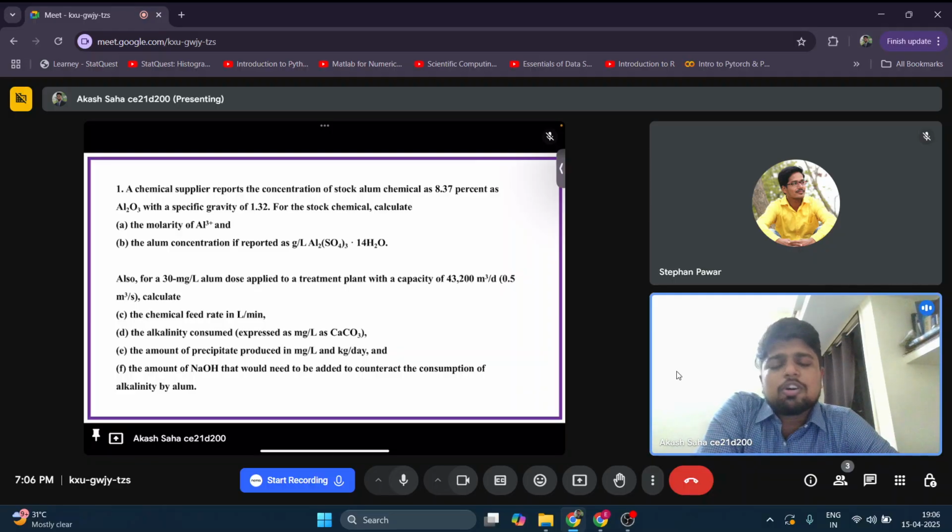Then what is the amount of precipitate produced in milligram per liter as well as kg per day, and finally the amount of NaOH that would need to be added to counteract the consumption of alkalinity by alum.